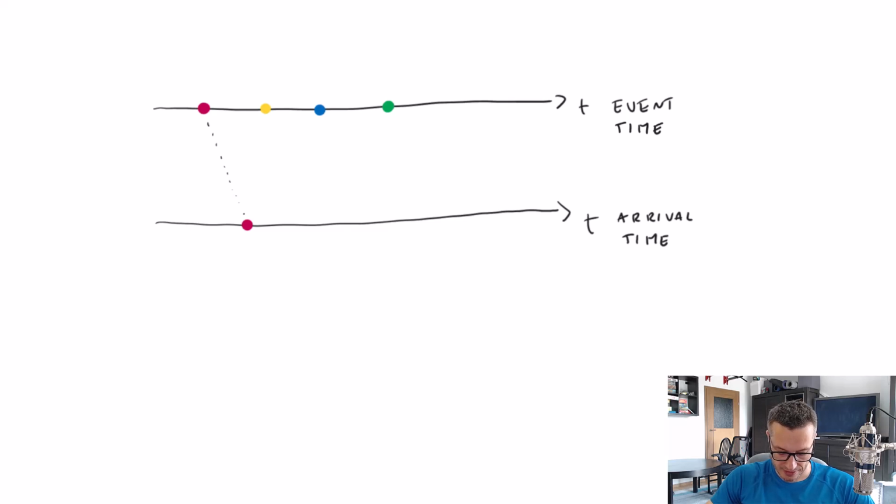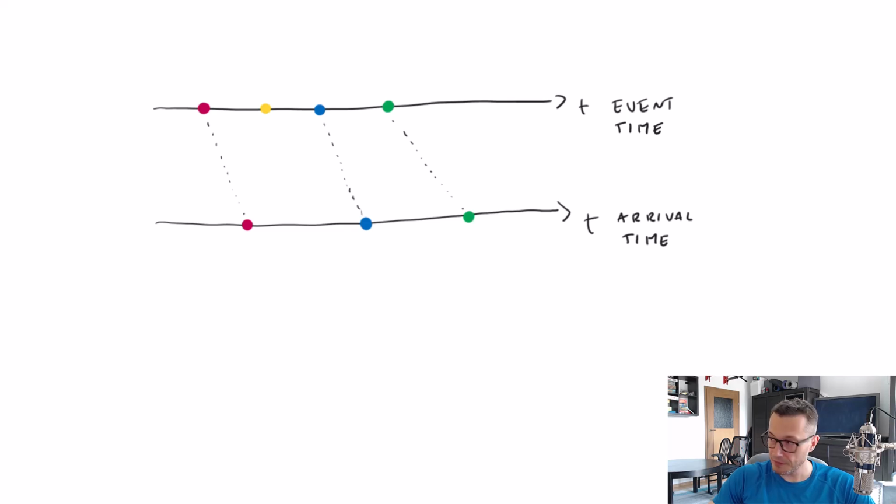In case of our blue event and our green event, we've got similar latencies. Actually, in case of the green one, it was even bigger for some reason.